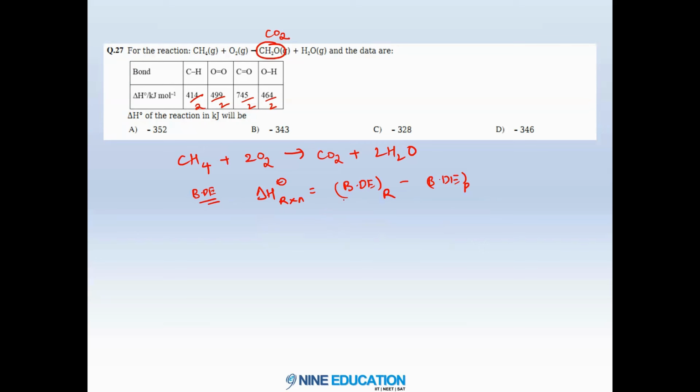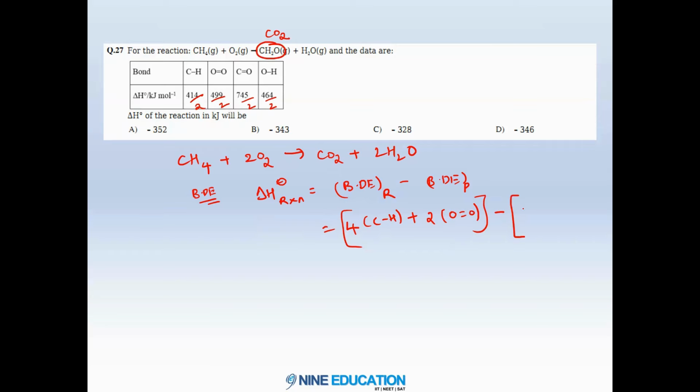Otherwise, it is reactants minus products. In the reactant CH4 there are 4 CH bonds, so 4 times CH bond dissociation energy, plus 2O2, so 2 times the bond dissociation energy of O double bond O. So 2 molecules are there. This gives the entire bond dissociation of the reactants, minus the bond dissociation energy of the products.